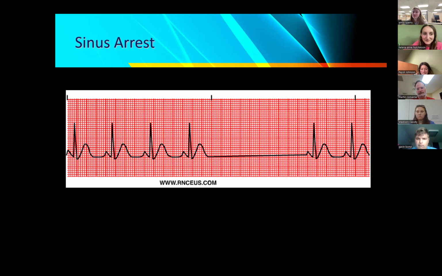Okay. So again, as we're looking at this and we're comparing from this R to R to this R to R, how many QRS complexes, Emily, I'm going to stay with you, how many would you estimate are missing? I'd say like 2 or 3. Yeah, 2 to 3.